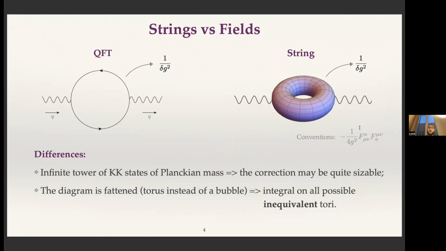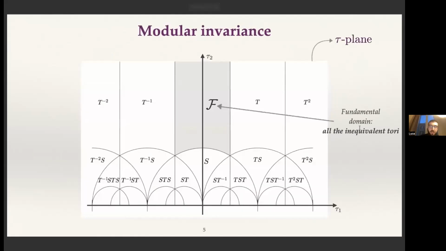So this is maybe another non-trivial difference: we have to integrate on all possible inequivalent tori. This prescription to integrate on all inequivalent tori is precisely what leads to the so-called fundamental domain. This is the tau plane. So tau 1 and tau 2 are the real and imaginary parts of this complex parameter, and each value of this complex parameter parameterizes a two-dimensional surface, a torus.